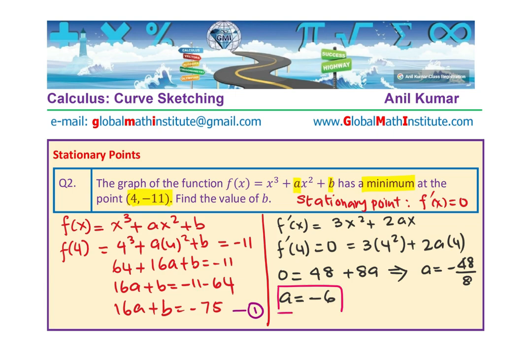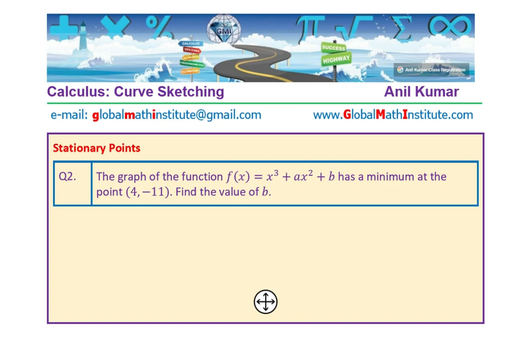Now we can substitute this value of a, minus 6, in our equation 16a plus b equals minus 75, and then we can find the value of b.